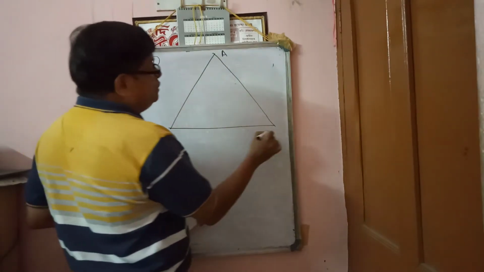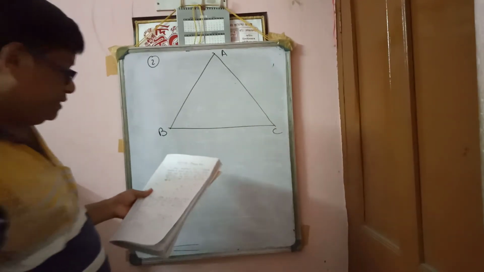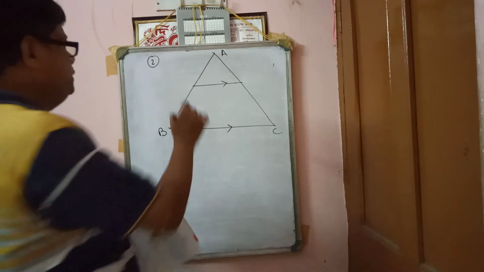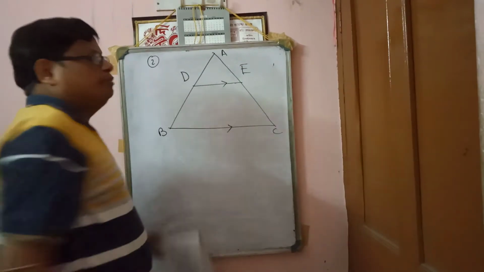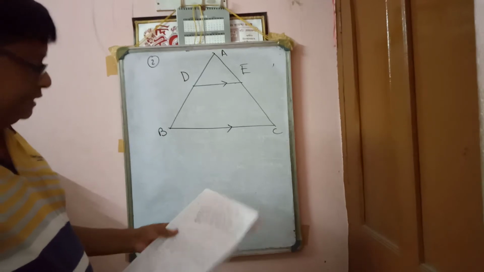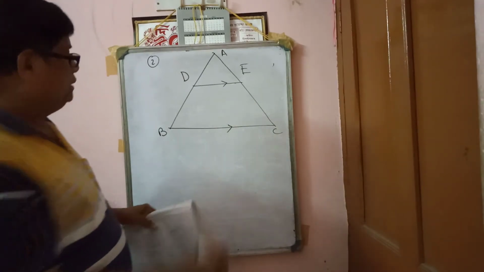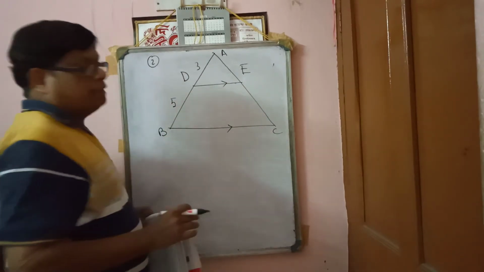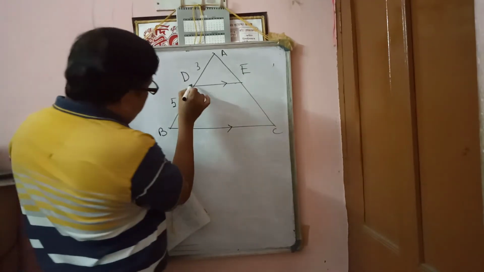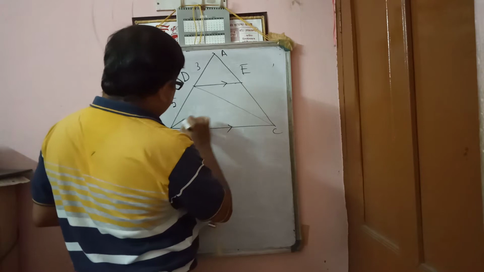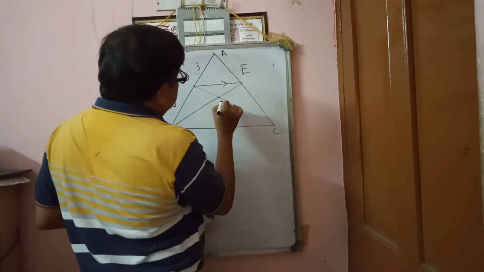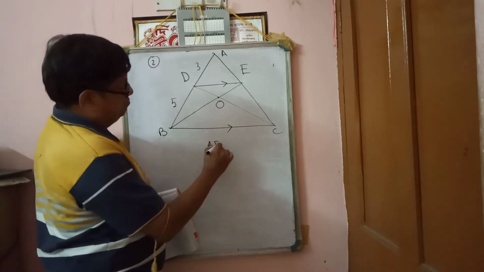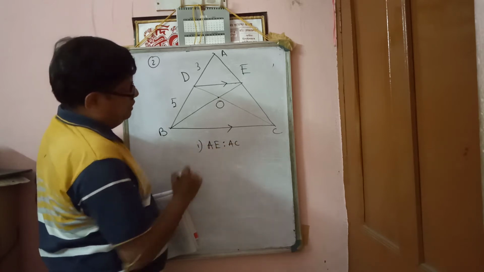In triangle ABC, DE is parallel to BC, given AD is to BD is 3:5. Now join here and here, and suppose this intersects at the point O. Then find the ratio AE is to AC, number 1.